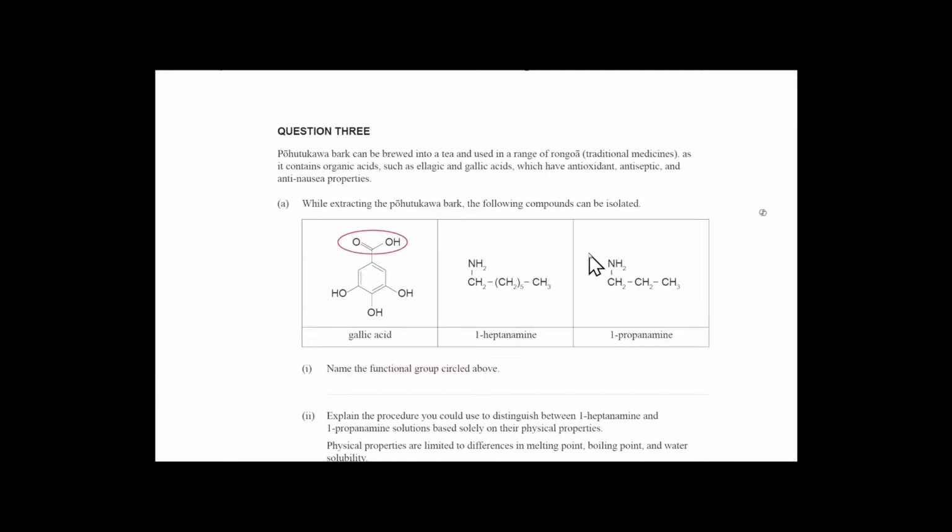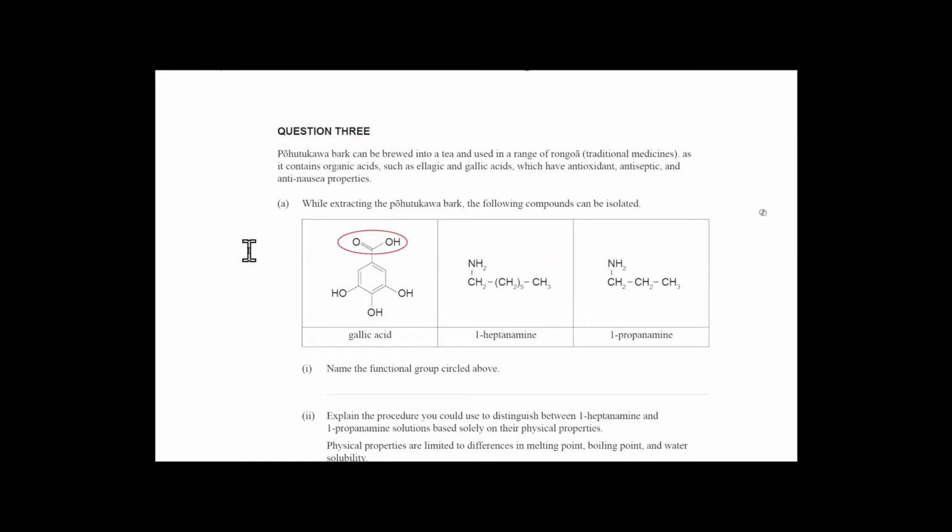Now we get to question 3. So Pōhutukawa bark can be brewed into a tea and used in a range of rongoā, which is traditional medicines, as it contains organic acids such as ellagic and gallic acids, probably mispronounced that, which have antioxidant, antiseptic, and anti-nausea properties.